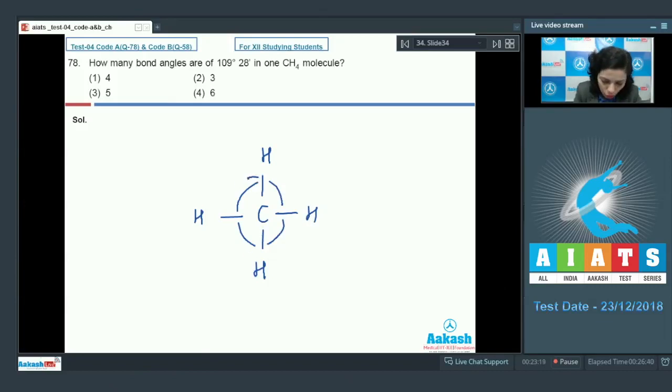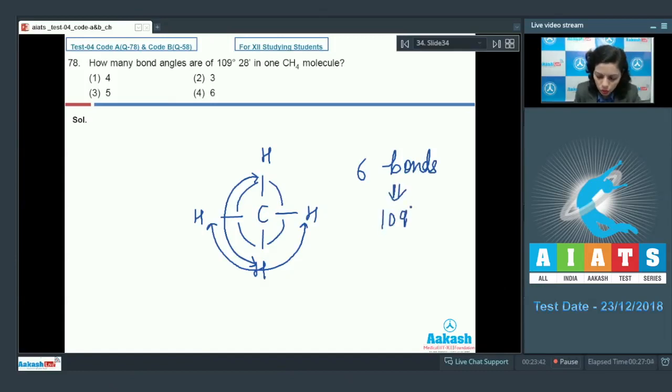Now, there is one bond angle between these two, and here the same one would be here also. So total 6 bond angles are there which have the bond angle 109 degree 28 minutes. That is why I'll choose option 4 as the correct option.